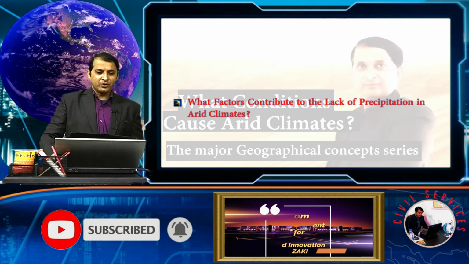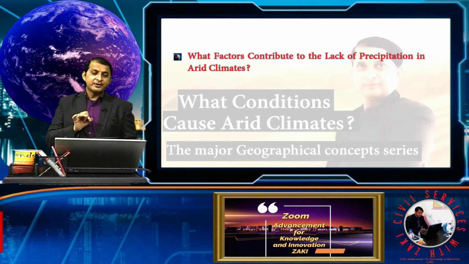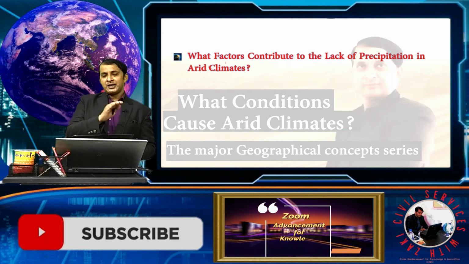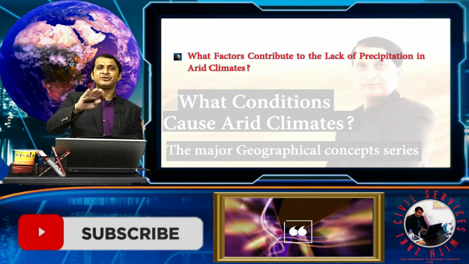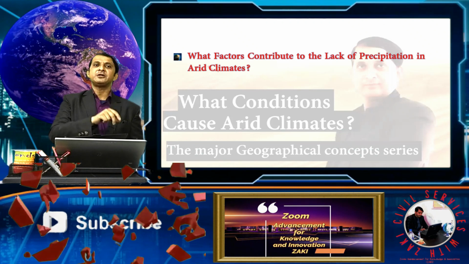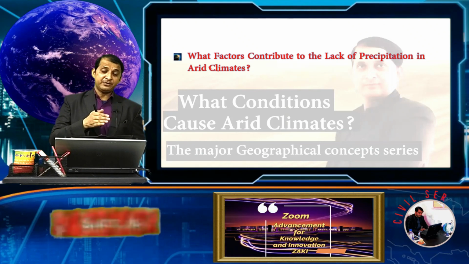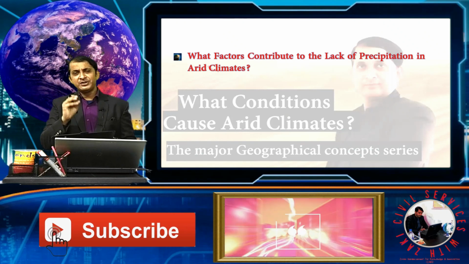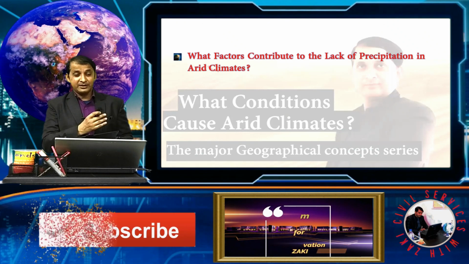We move forward and see what factors contribute to the lack of precipitation in these climates. As you know, these areas are very dry with very little precipitation. So why the lack of precipitation, and what are the conditions?